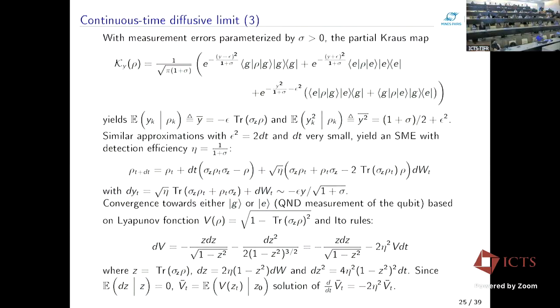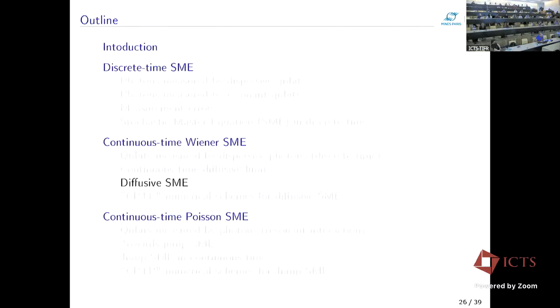And now I will explain the general structure. To summarize what we have in discrete time, I will erase this. You remember I have rho k plus 1, it is M_k of y_k applied to rho k, over the trace.